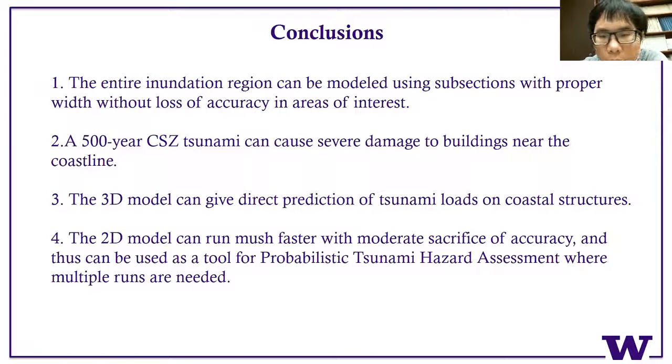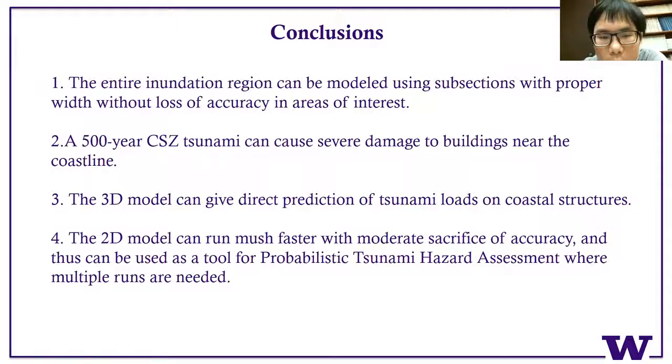And third, one good thing about the 3D model over the 2D model is that it can give direct predictions of tsunami loads on structures, which can give very useful advice when designing those buildings or coastal structures.